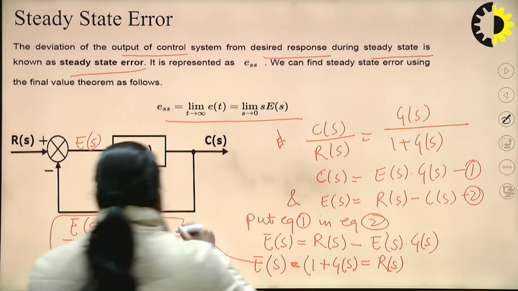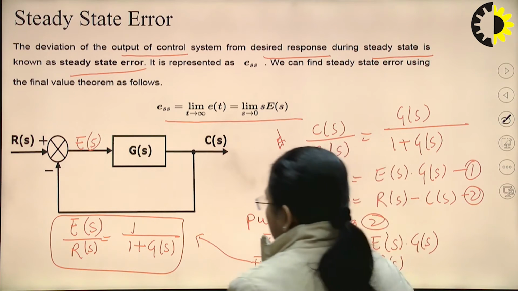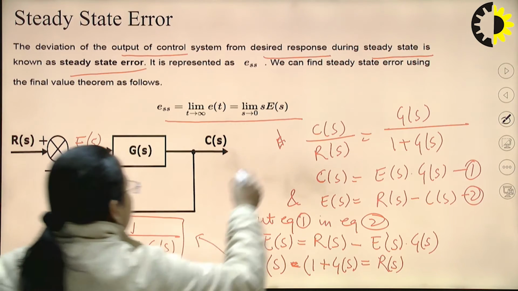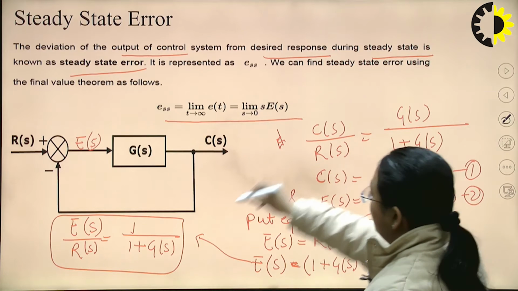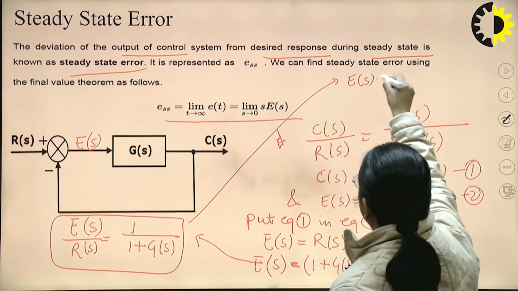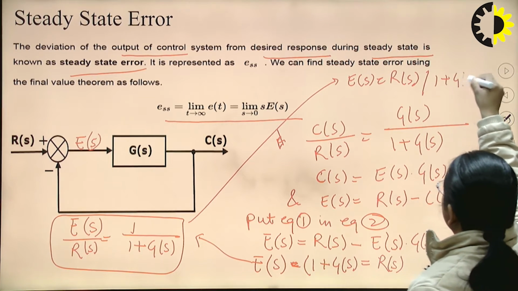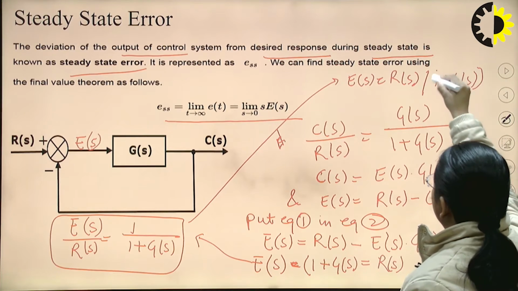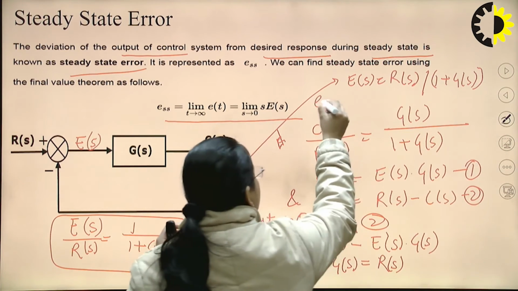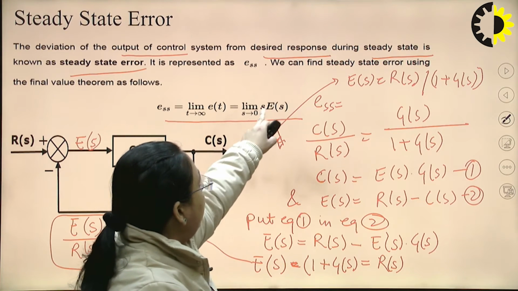So steady state error will be, let me complete it in the next expression. E(s) will be equal to R(s) upon 1 plus G(s), and steady state error will be defined as limit s tends to 0 s into E(s).